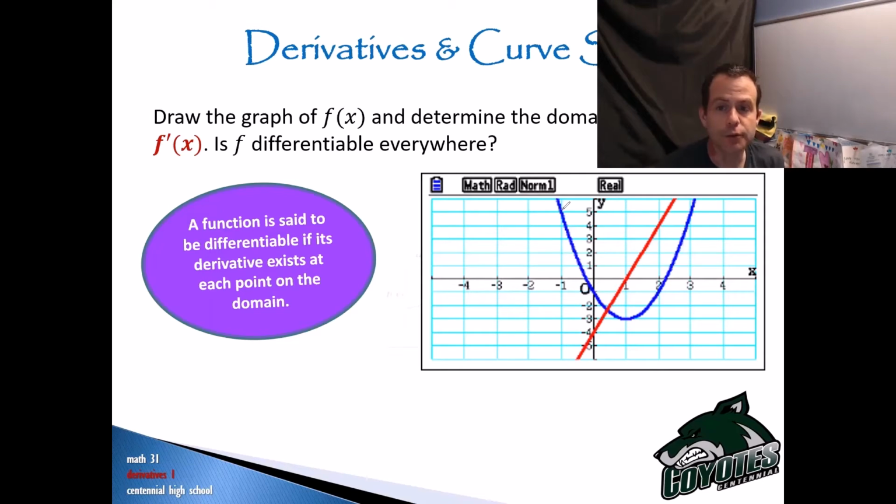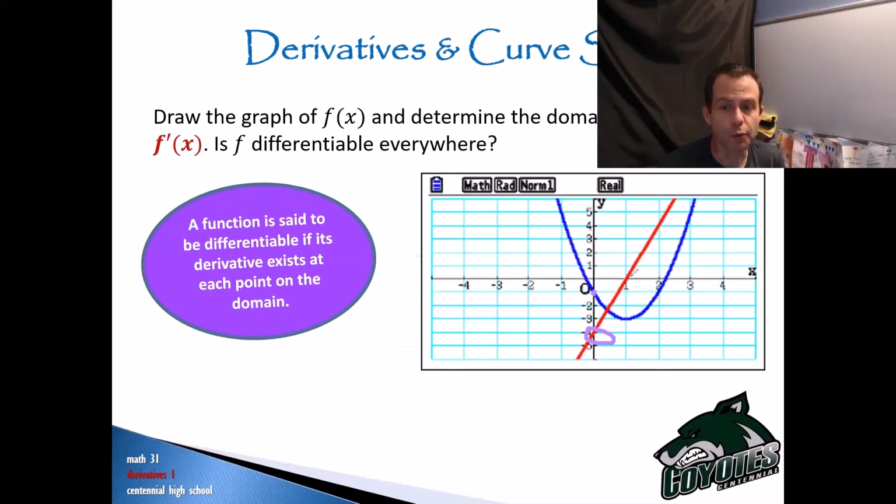At x equals, let's do one that you can see here. At x equals 0, the derivative is -4. You see that? Because I'm reading the y value off of the red line. The red line is my derivative function. So at x equals 0, if I was to draw a tangent line there, I would get a slope of -4.